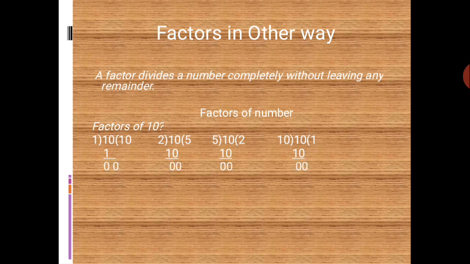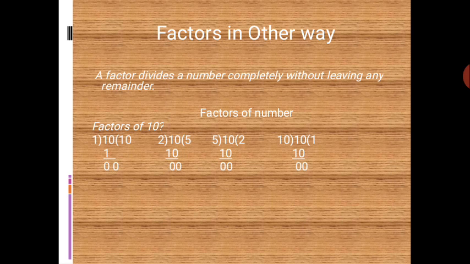If we divide 10 by 2, then again we will get a remainder equal to 0. So 1 and 2 are the factors of 10. It means if we divide any number by another number and the remainder is equal to 0, then it will be a factor of the first number. So 1 and 2 are the factors of 10.